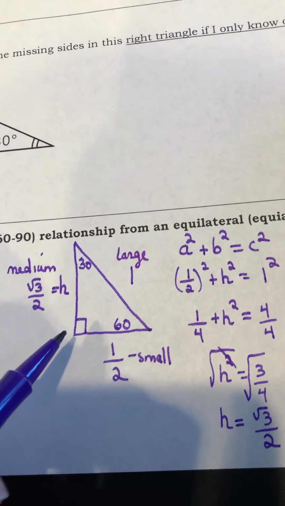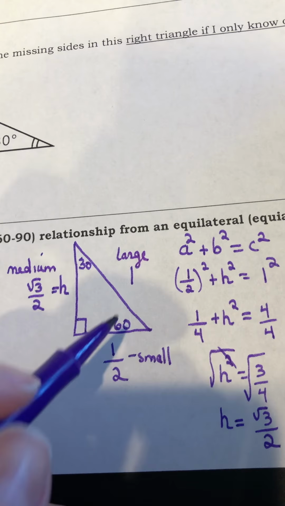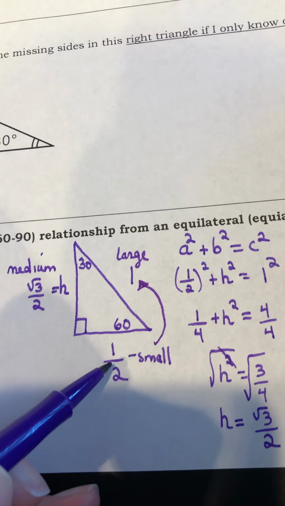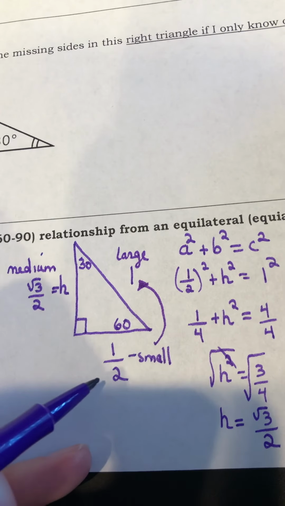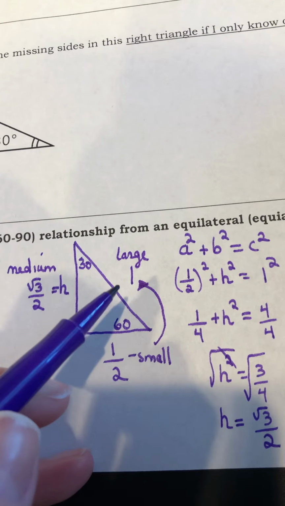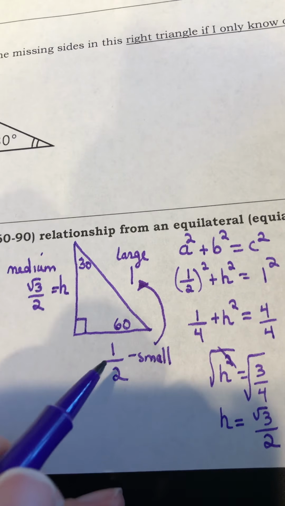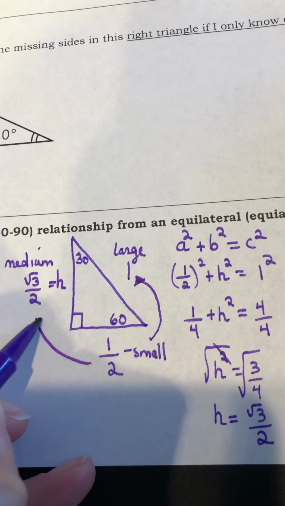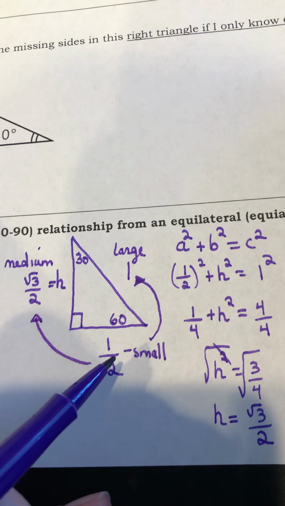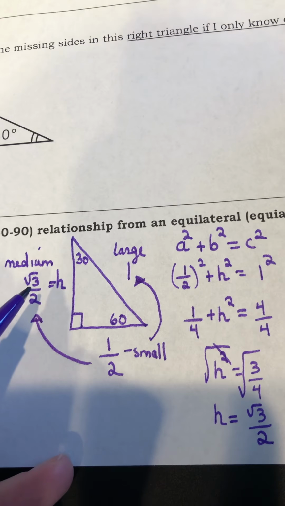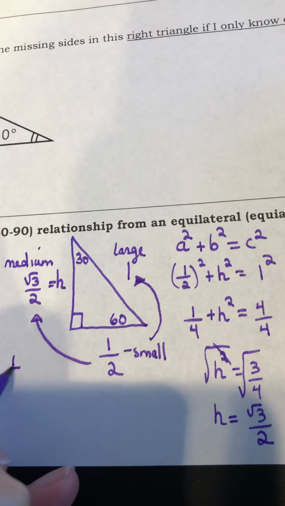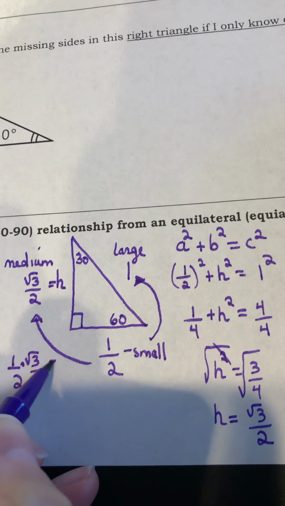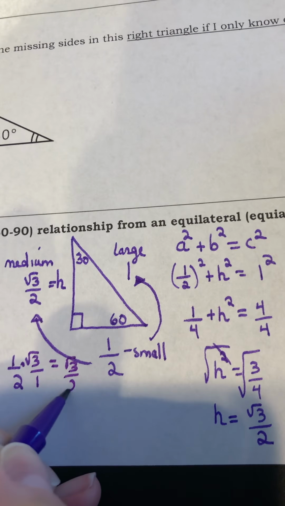And if we notice the relationship between the sides, going from small to large, how do I get from 1/2 to 1? It looks like I just multiply by 2, right? Similarly, going from small to medium, it looks like I'm multiplying by the square root of 3, because really 1/2 times the square root of 3 over 1 equals the square root of 3 over 2.